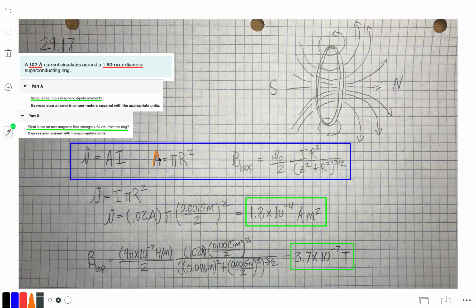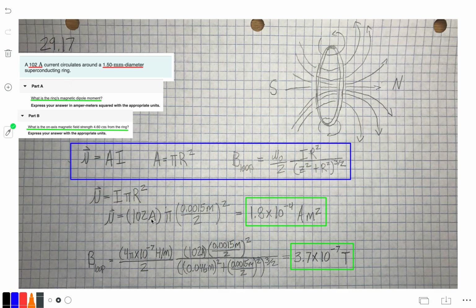And we also have the area of our disks or our loops here as pi r squared. So in our case, for solving part A, we can go ahead and rewrite our equation for the magnetic dipole moment to include our diameter given here as well as our current in amperes given here.